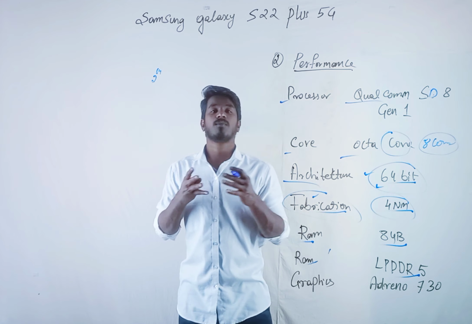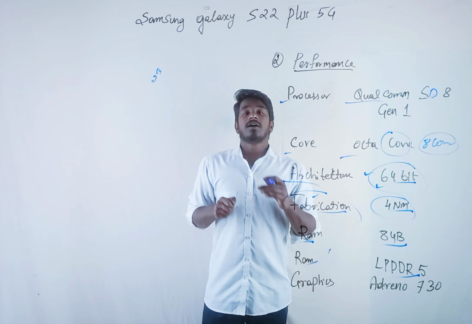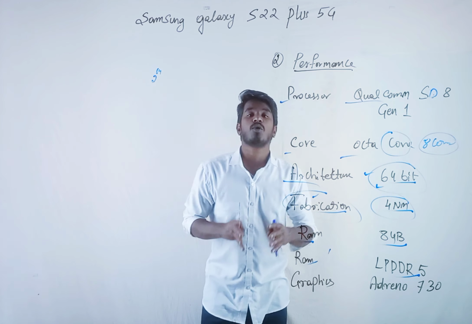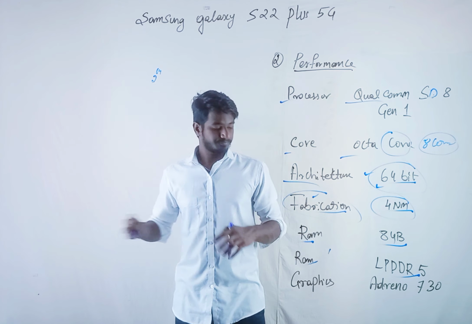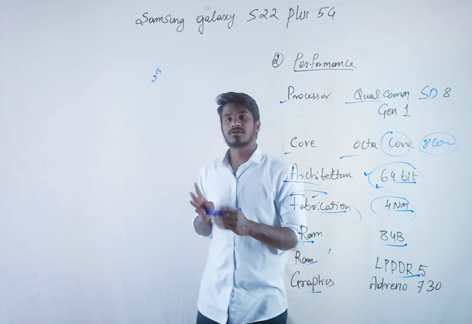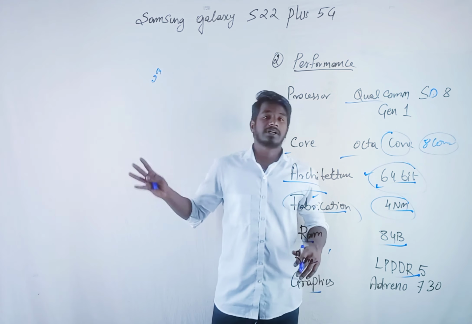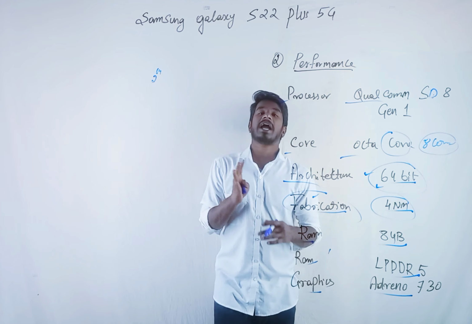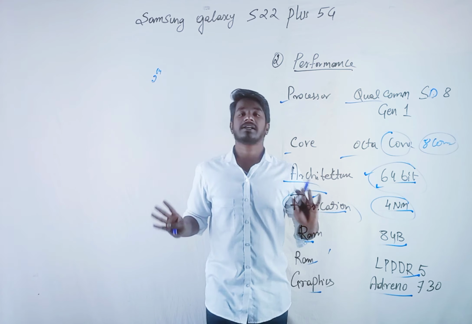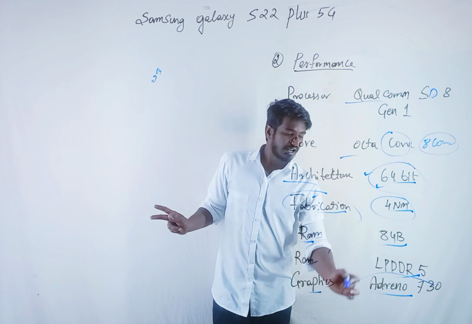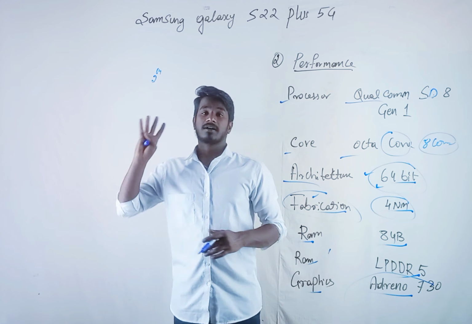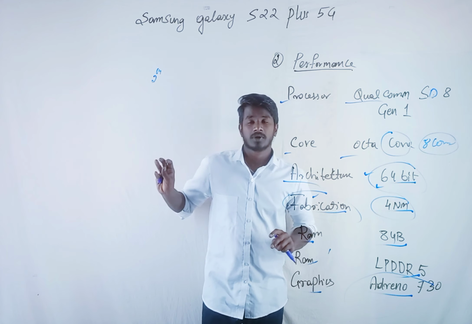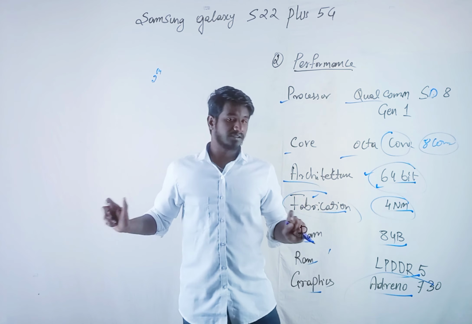It can save 50% more battery, and it can give 30% more performance, right? Graphics of this phone is Adreno 730. Literally you can play any mobile game on this graphics. You can play PUBG at high graphics. There will be no lag in this phone.